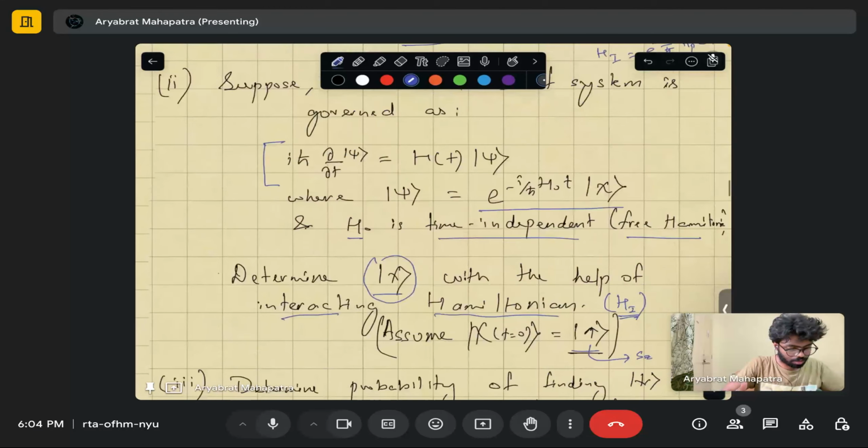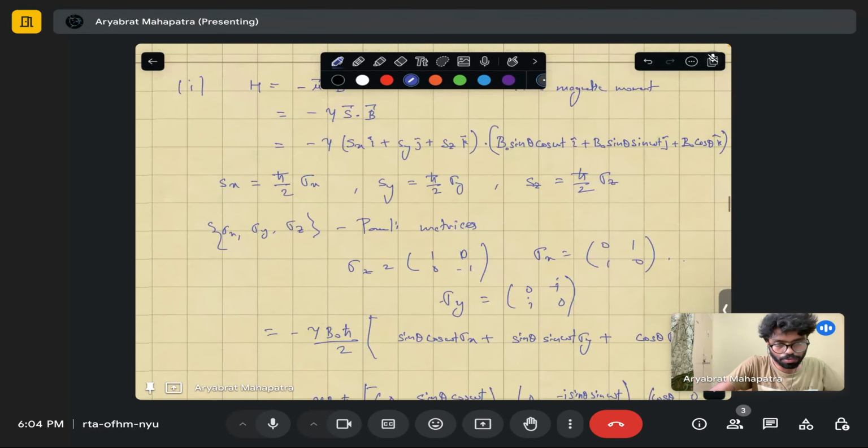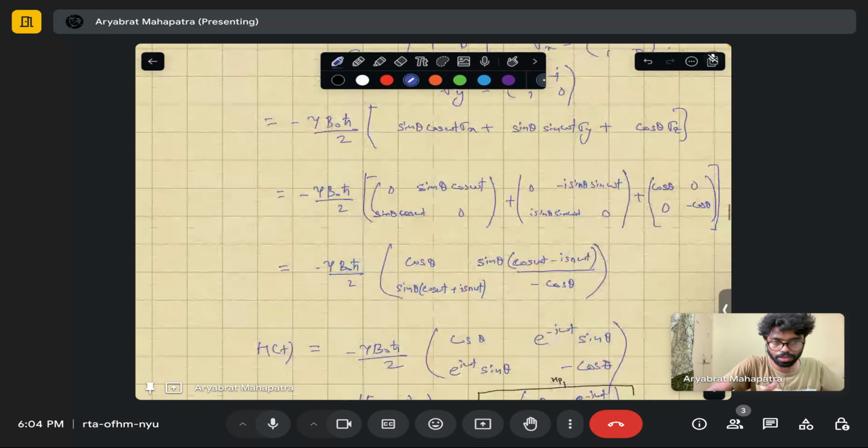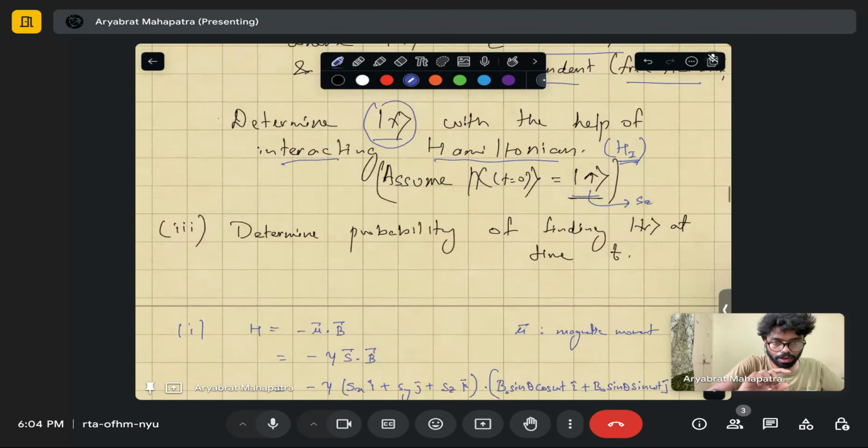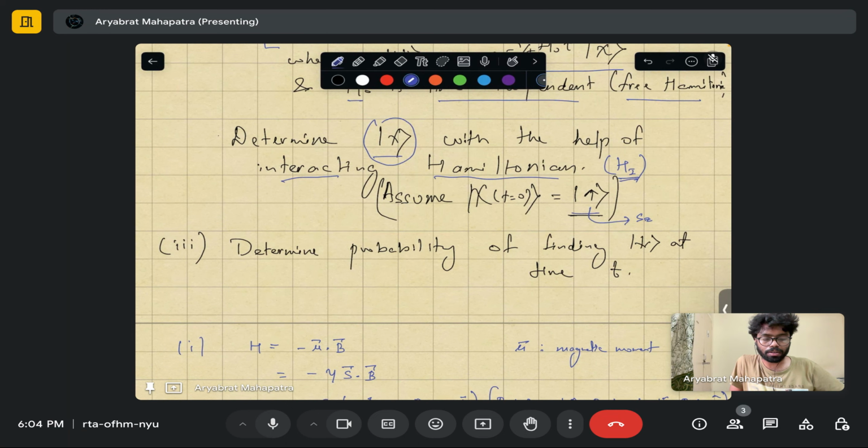How we followed for the first question, the same thing we also have to do for the second question. The additional thing we have to compute is the interacting Hamiltonian, because you will put that in the Schrodinger equation and solve. There is no big difference between the first and second question. Only one thing is new here, the interacting Hamiltonian.